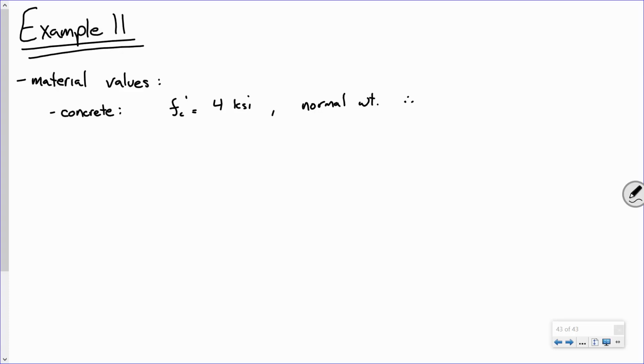So that means that our unit weight is probably 150 pounds per cubic foot. And what's lambda? There we go. For the steel, we have Fy is 60 KSI.